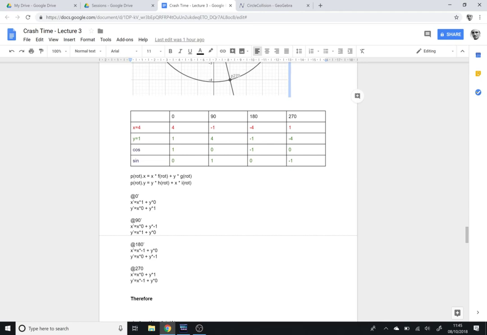You should probably be able to picture in your head that the cosine curve starts off at 1, drops down, gets round into the negative, comes back up again and repeats. Sine, on the other hand, starts on the axis at 0 and goes up and then goes down. So our sine value starts at 0, goes up to 1, goes down to 0, goes to -1 and then repeats.